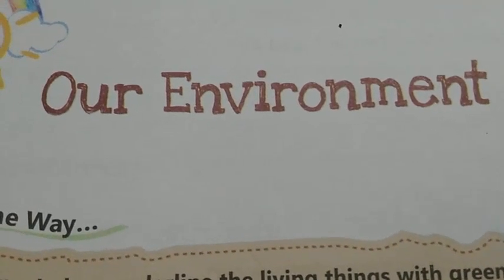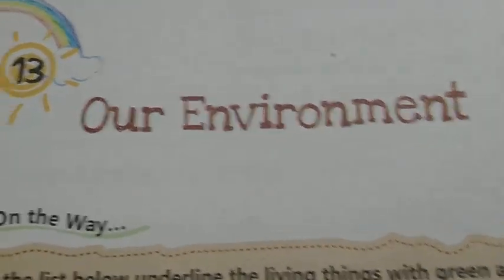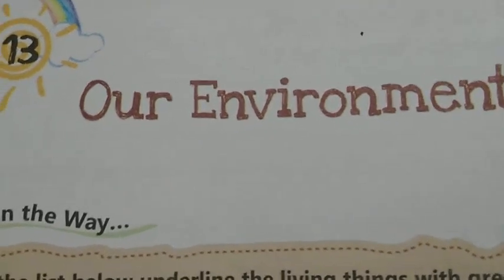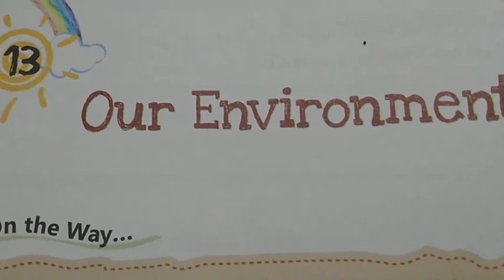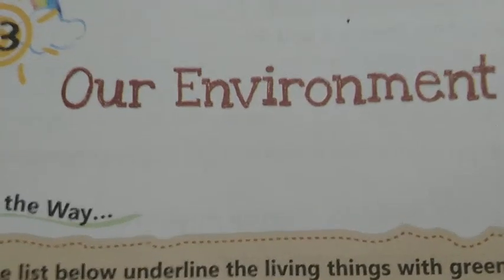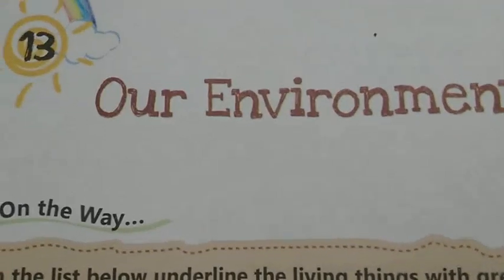And what is the reason for global warming? Excessive burning of fossil fuels. What are fossil fuels? Petroleum, coal, etc. And deforestation is also a reason for global warming. And what are the impacts of global warming?